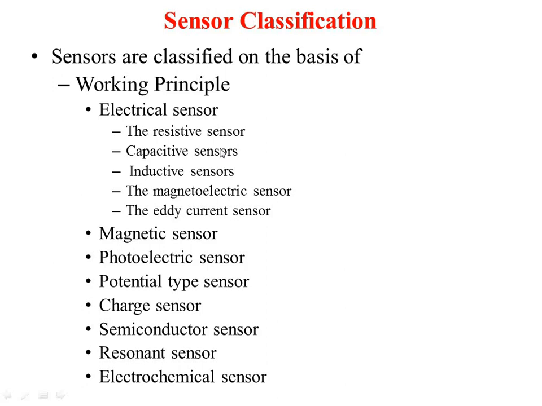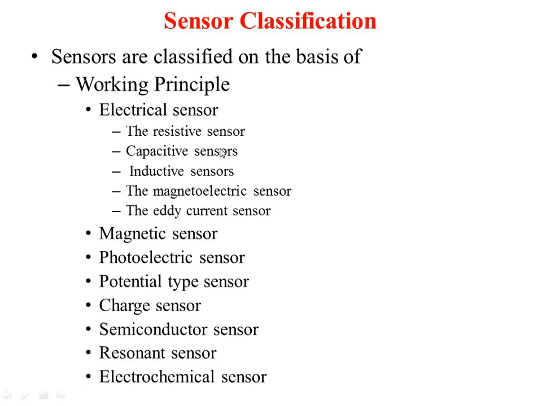So these sensors are in the category of electrical sensors. Then magnetic sensors; a few of the magnetoelectric sensors may be a part of these magnetic sensors.